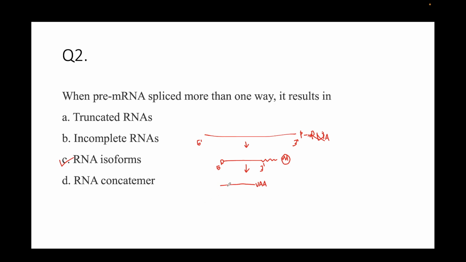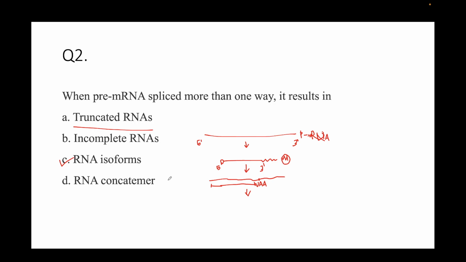If your protein should be this much length, this is your regular protein, but you are getting a stop codon at this point, that means your polypeptide chain is not complete. Because of this UAA codon, your polypeptide chain has a shortened length. So in this case, we can call it truncated RNAs.